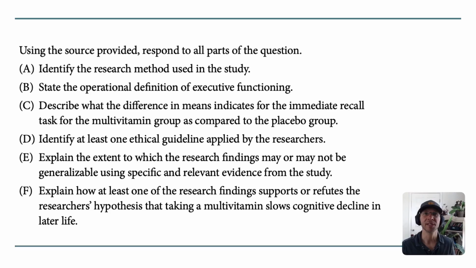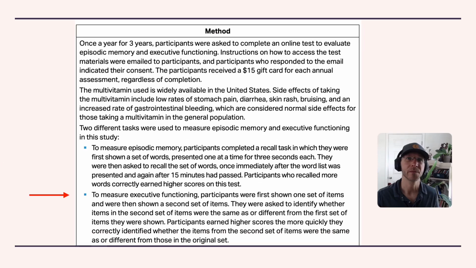B, state the operational definition of executive functioning. Let's see. Right in the method section, which is usually where you'll be able to find it. To measure executive functioning, participants were first shown one set of items and were then shown a second set of items. They were asked to identify whether the items in the second set were the same or different from the first set of items they were shown.